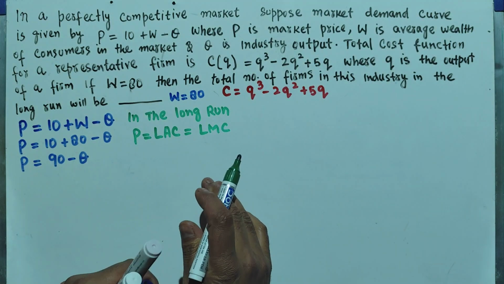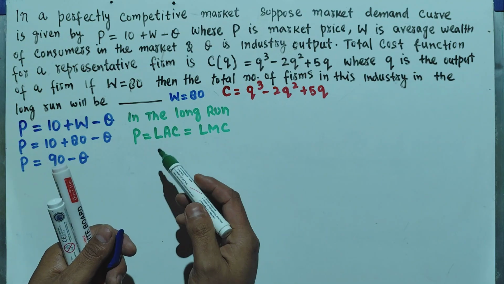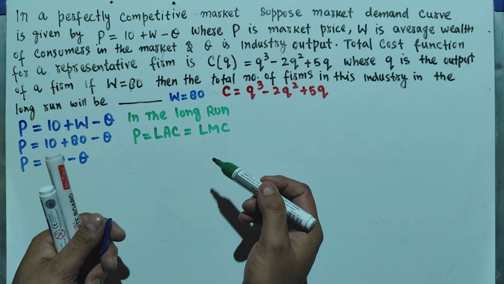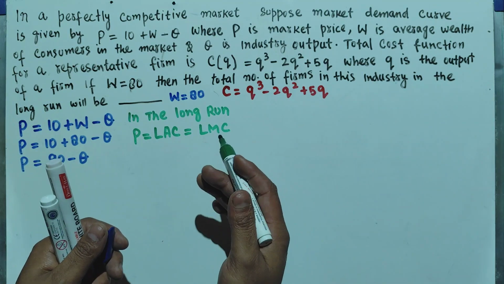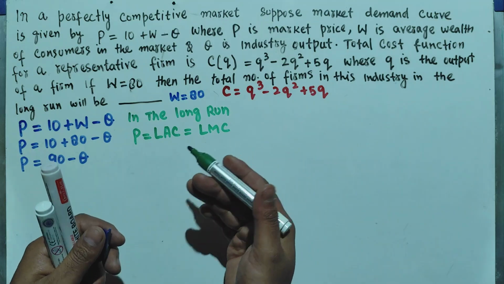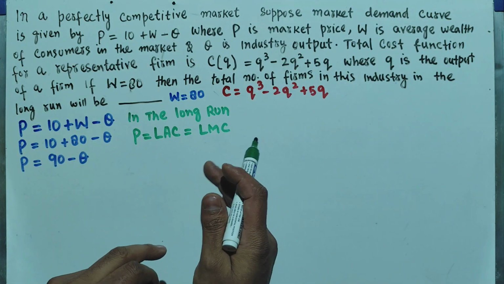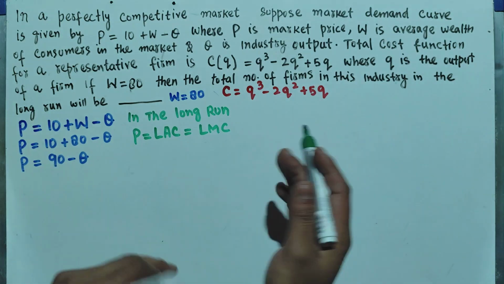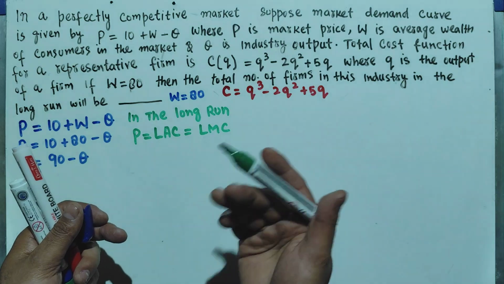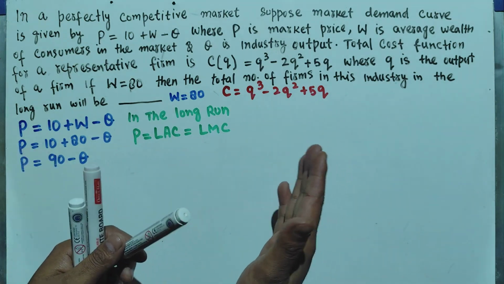Okay, the price that is determined in the long run will be equal to the long run average cost, which will be equal to the long run marginal cost. Why does this happen? Because we know in the long run, the firms will earn zero economic profit, because there is no barrier to enter or exit in perfect competition. So in the long run, all the firms will earn zero economic profit.